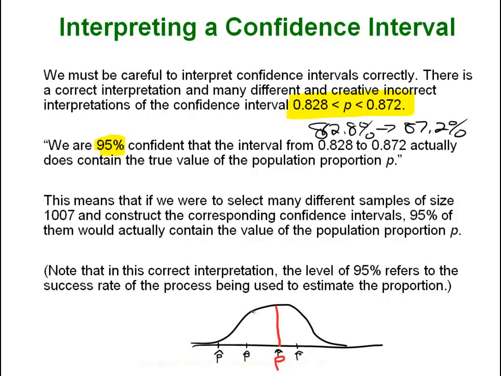But if we go out 2 standard deviations in both directions, and I'll put this in blue, that area, as we saw before, is 95% of all of our data.